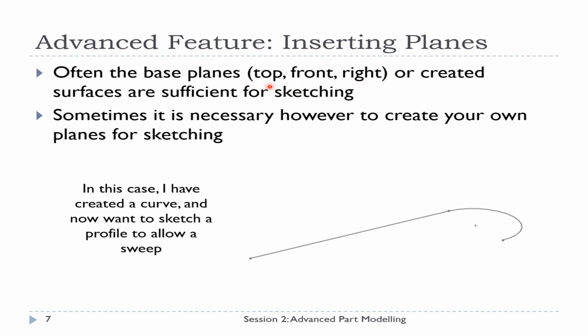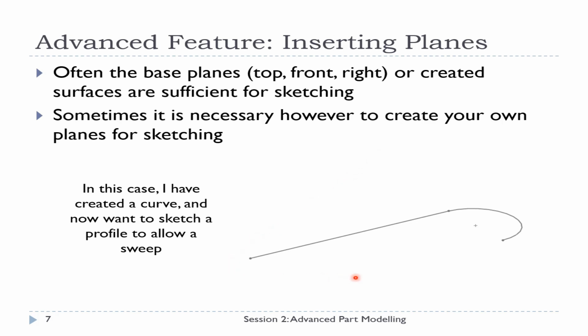We could use those planes for sketching. We also said that if we have any existing planar geometry, we can use planar faces for sketching as well. But sometimes it is necessary to create our own planes for sketching.